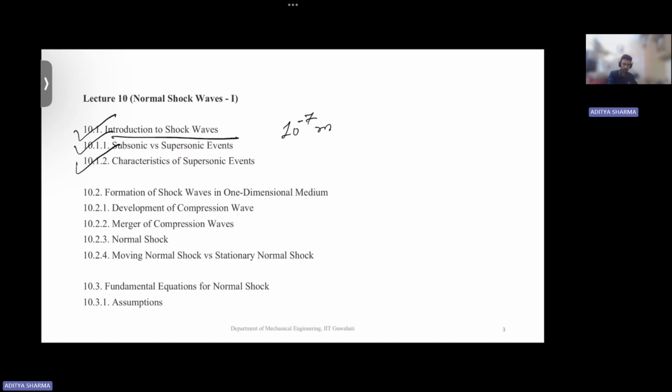Then there is this very important topic that starts, which is formation of shock waves in a one-dimensional medium.